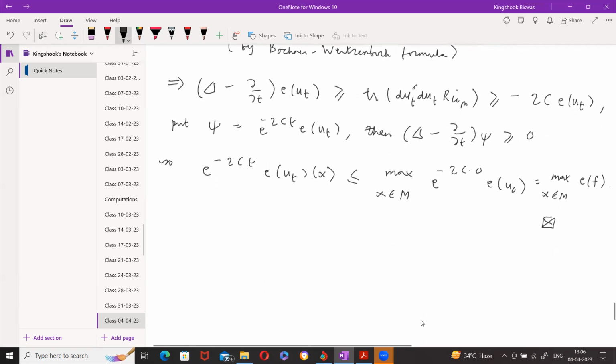Now we can prove that actually the space derivatives stay bounded. For this, we need to introduce what's called the heat kernel of the manifold M. So M is your closed Riemannian manifold.